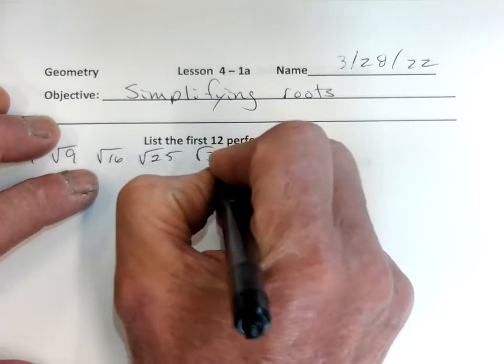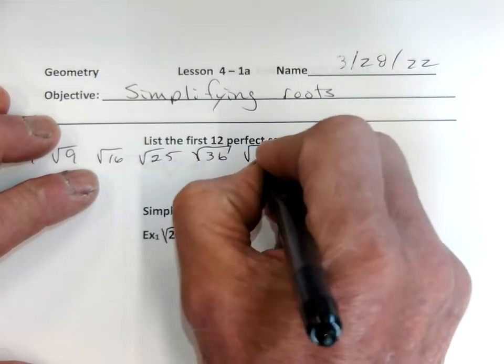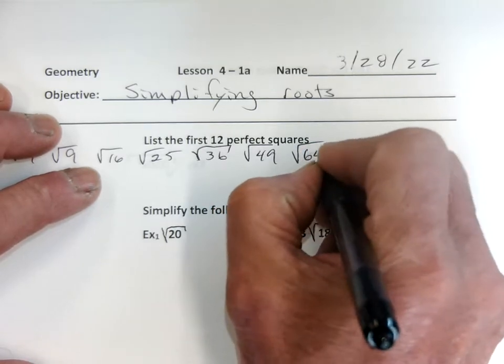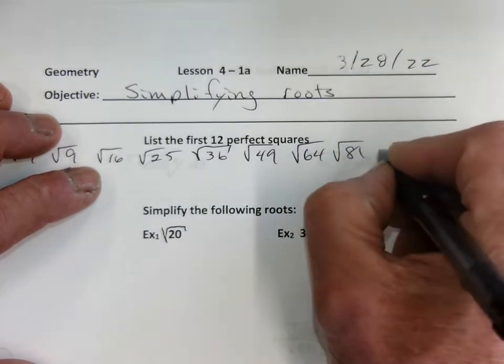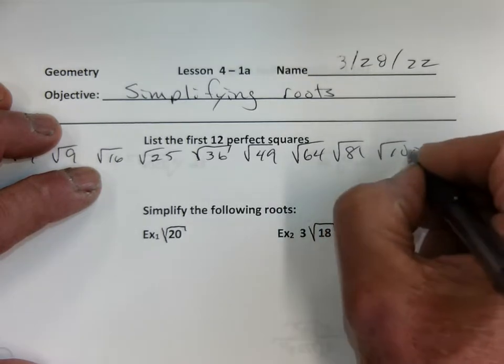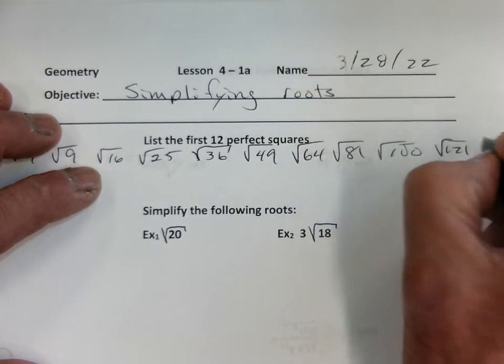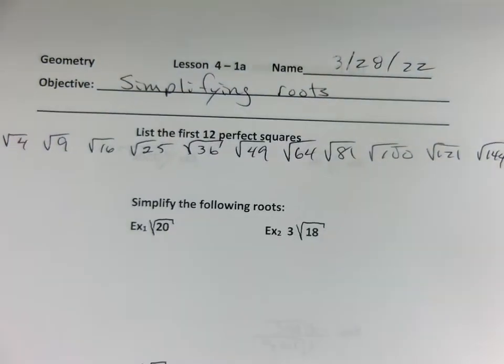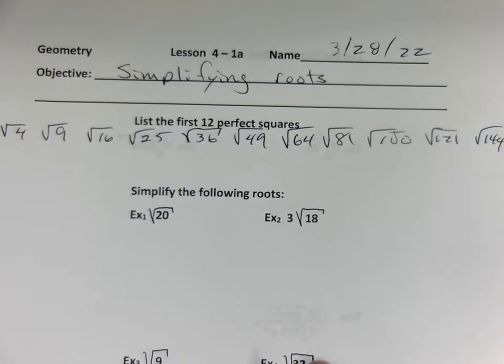Square root of 36, 49, 64, 81, 100, 121, and then square root of 144. Let's write those down, okay? Those are my first 12 perfect squares. I left out 1 and 0 because those are pretty obvious. You'll never see the square root of 0 anyway. Write those down so you have them handy.